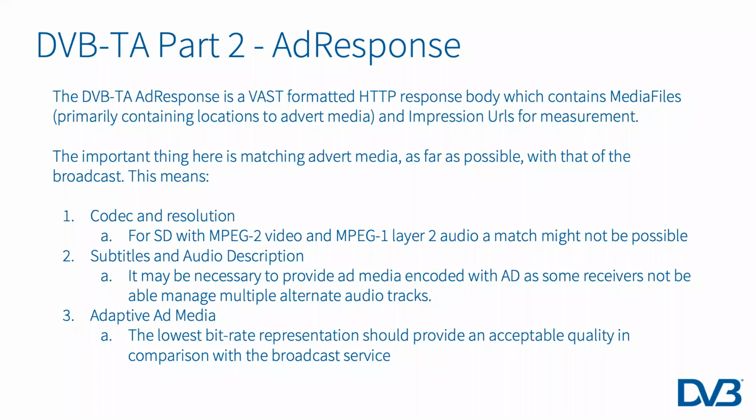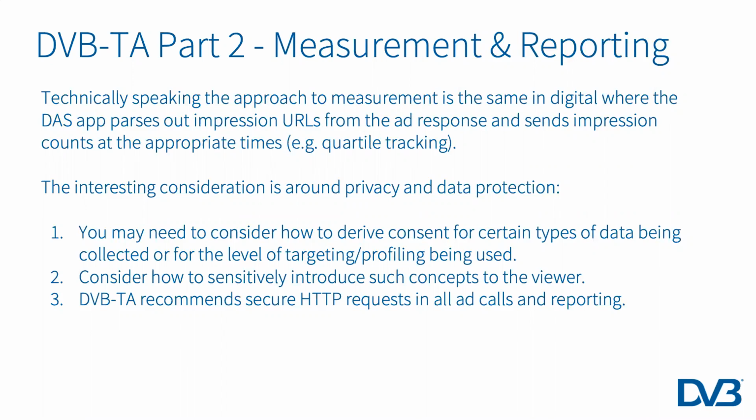But if it's an SD stream, then yeah, it's an SD resolution, but you need to think about the bitrate as well. Perhaps it's fairly obvious for anyone coming from an IP world, but the expectations for what might be adapted to may differ in the context of delivering IP that's inserted or substituted on top of broadcast.